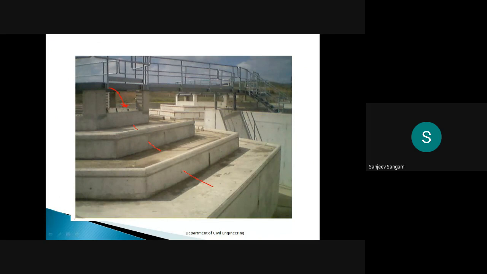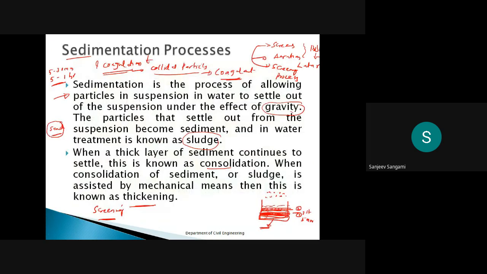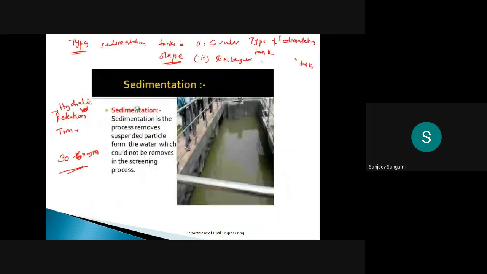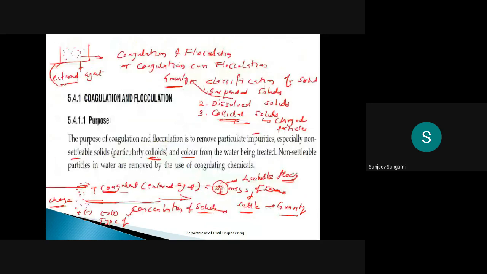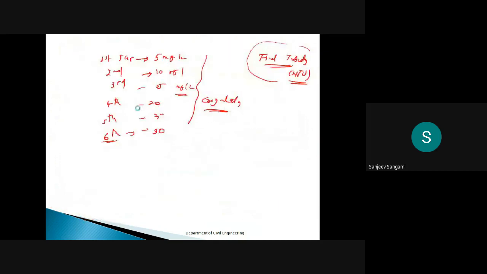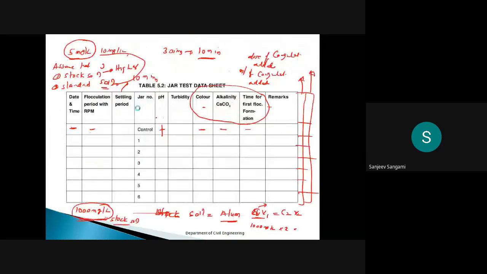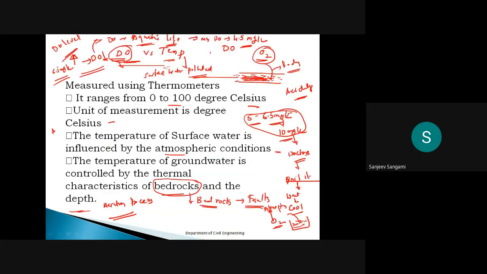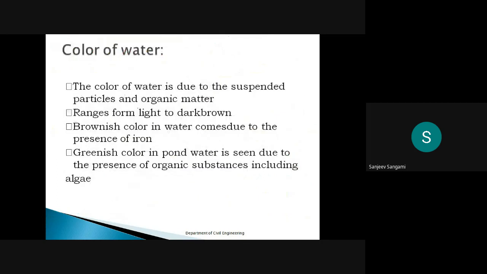Whenever it is exposed to the atmosphere, the water quality is definitely going to increase, as well as the oxygen present in the water. So this is the importance of temperature. Then the next parameter is the color of water.